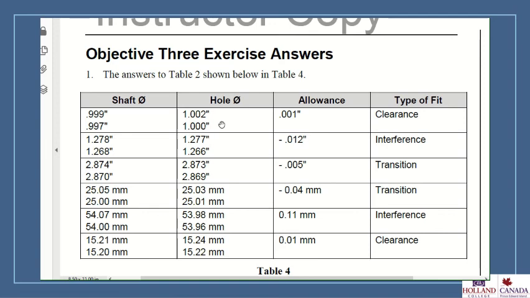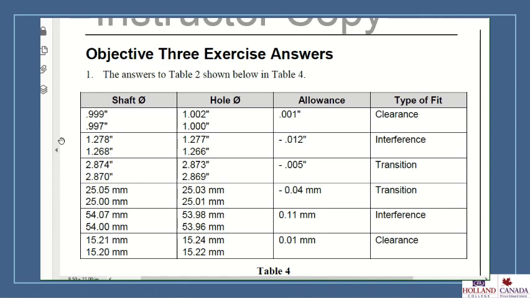Let's try one more. Let's look at the next one. So we're going to take the smallest size hole, 1.266, and we're going to subtract the largest diameter shaft from that, 1.278.